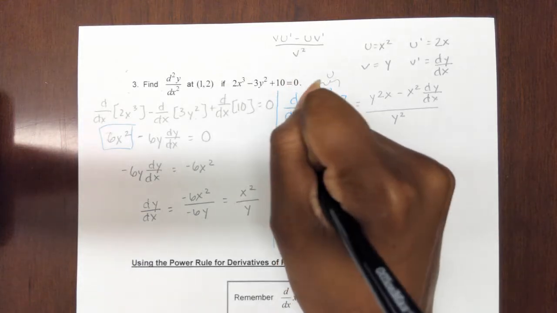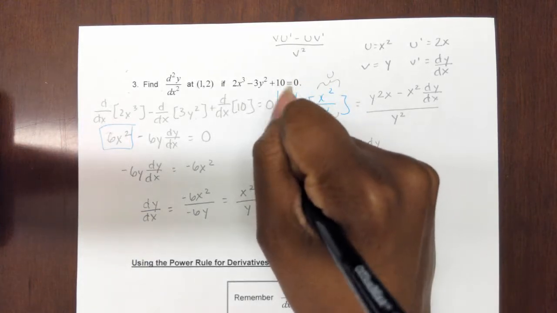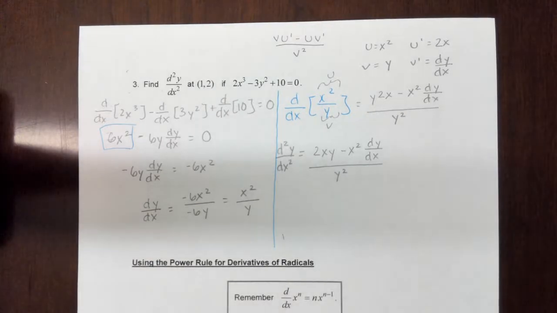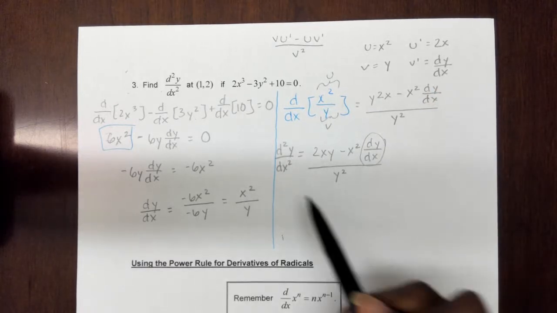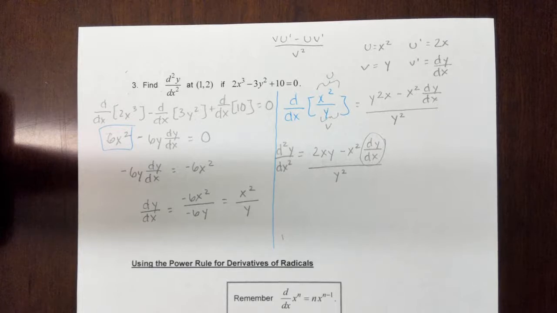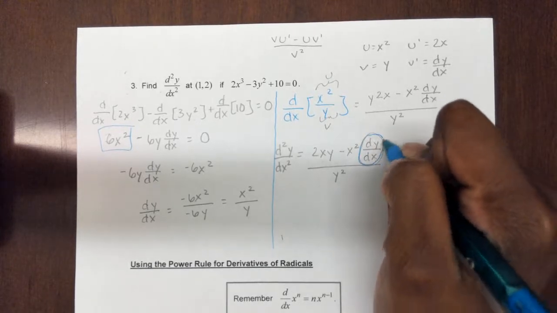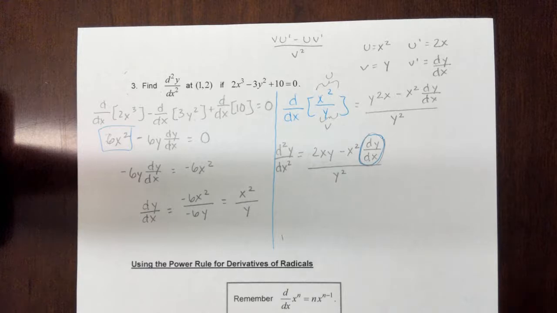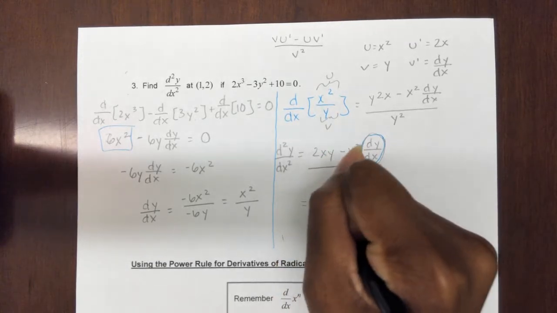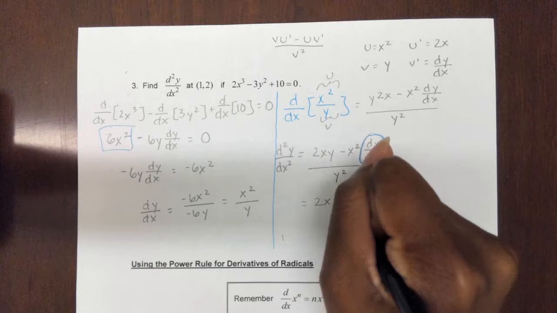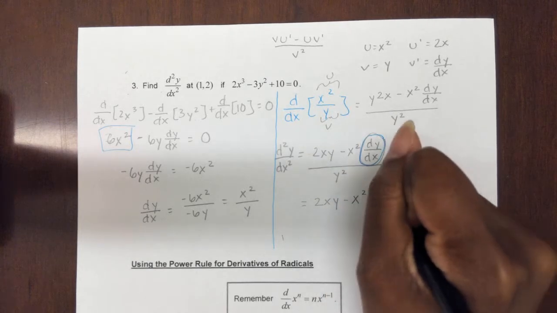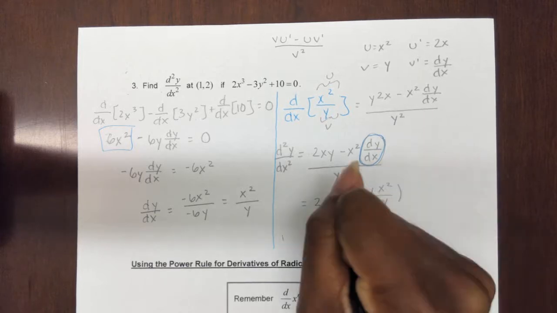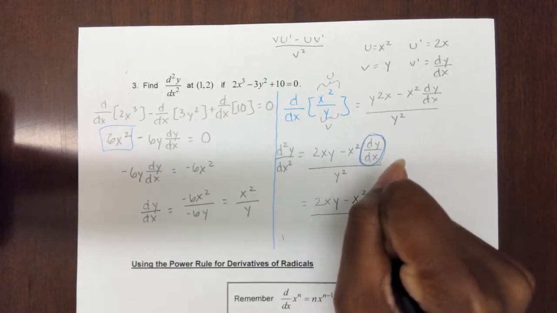So that is our second derivative. And we know dy/dx from our first derivative, so we can substitute that into this, and we'll get 2xy minus x squared over y all over y squared.